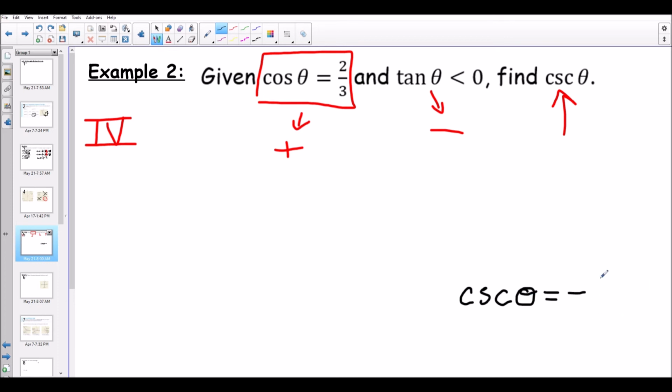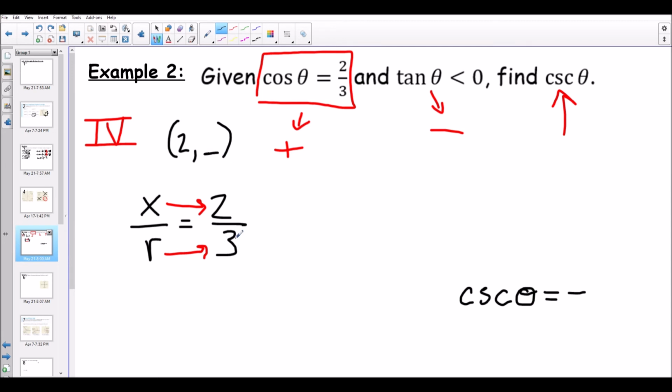Now that we've established that something is negative here, let's look at what they've given us up here, cosine of theta equals 2/3. They told us that it equals 2/3, and we know the cosine is equal to the x value divided by your radius. So we can figure out that the radius must be equal to 3, and the x value must be equal to 2. So if we know our x value is 2, comma, something, we don't know the y value yet, and our radius is 3.